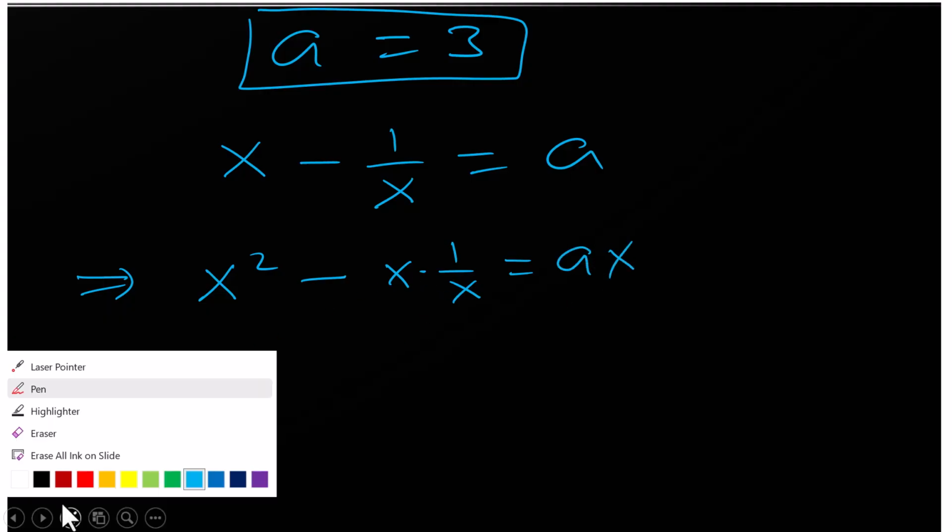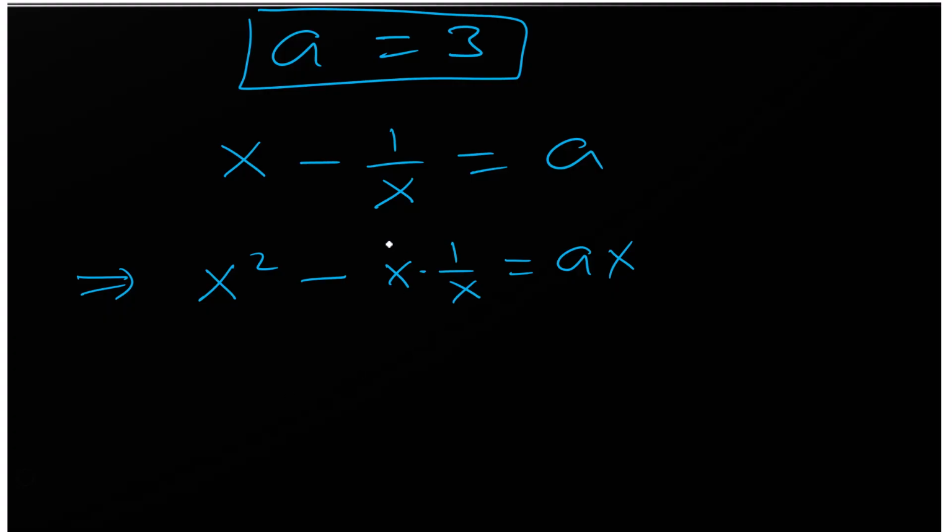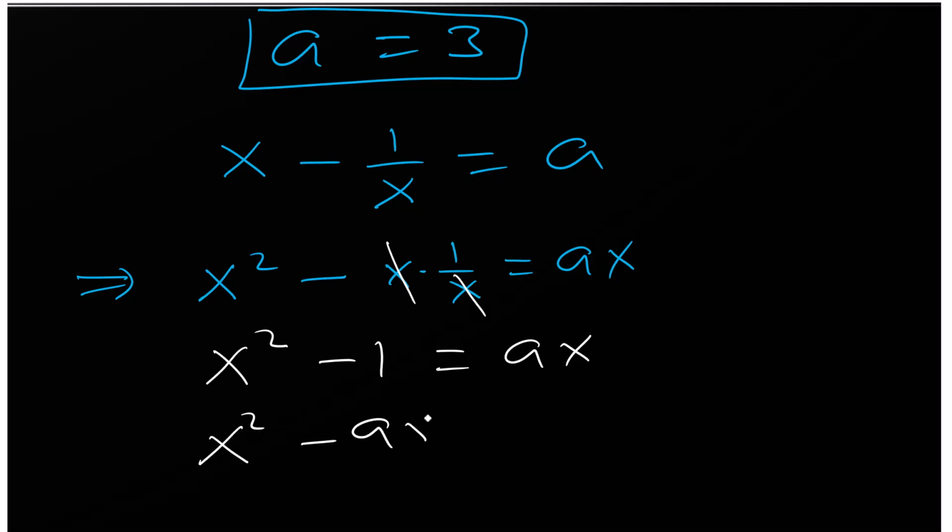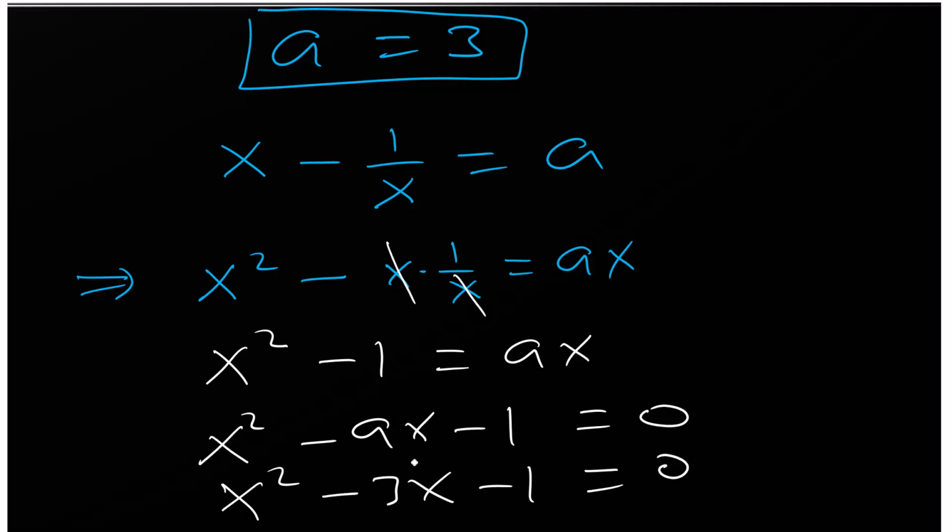Okay, now let's be very careful. This one will cancel this. x squared minus 1 equals ax. So that will be x squared minus ax minus 1 equal to 0. But a is 3, so x squared minus 3x minus 1 equal to 0.